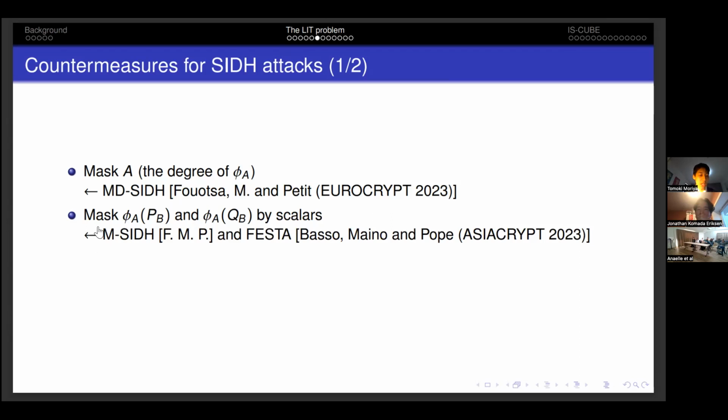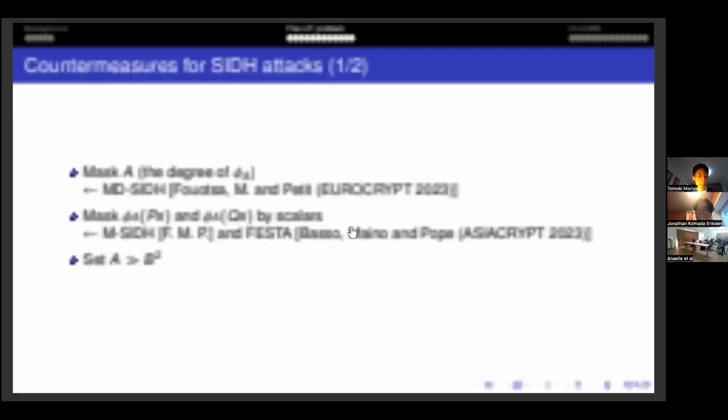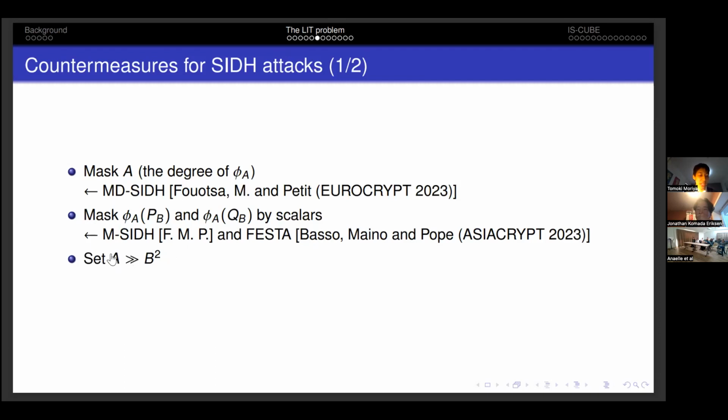That is related to M-SIDH and FESTA. And another approach is to set A larger than B squared. And this is a new approach to construct the scheme. And this is related to the LIT problem and ICUBE. Okay, so this is a new approach for the countermeasure of the SIDH attacks.